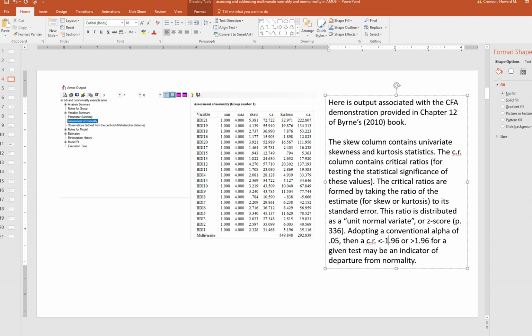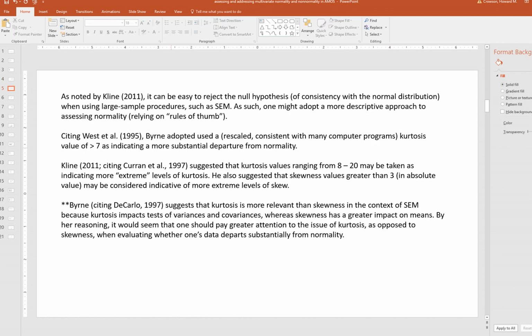If the critical ratio falls in this range, then we would say that we're not departing from normality on that dimension. But if it falls below -1.96 or above positive 1.96, then we would conclude that there is evidence of a departure from normality. But as I said, those tests are impacted by sample size.